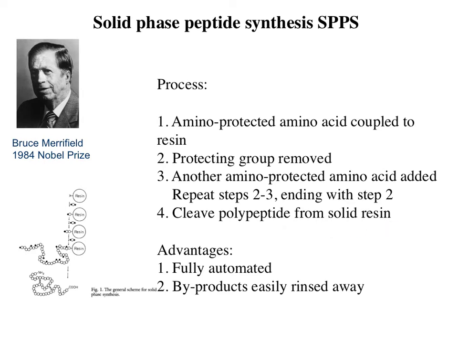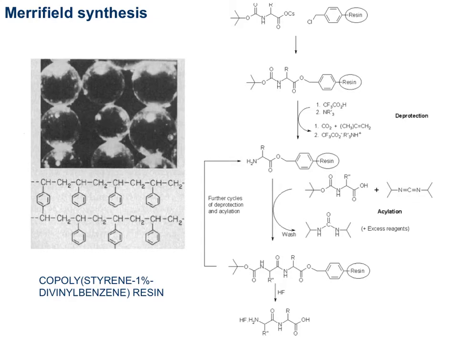Then cleave the polypeptide from the solid resin. And so the advantage is that this can now be fully automated, and the byproducts are easily rinsed. So here's Merrifield synthesis, in which the resin is a polymer, styrene divinylbenzene resin.